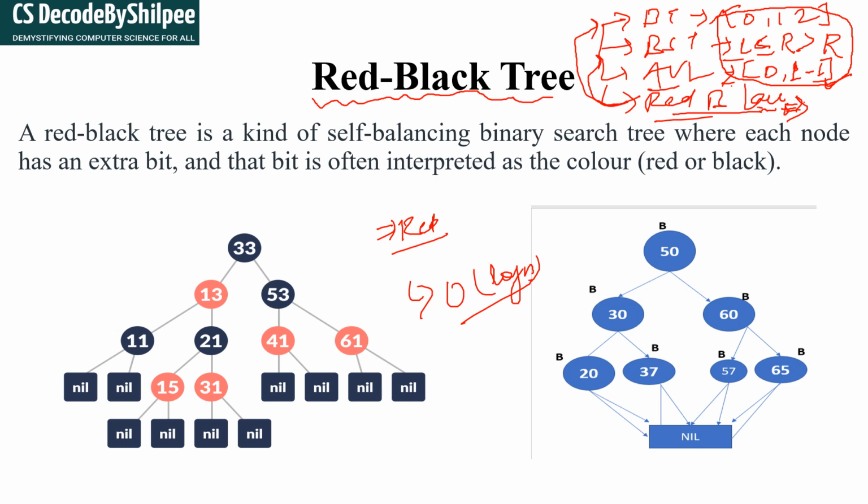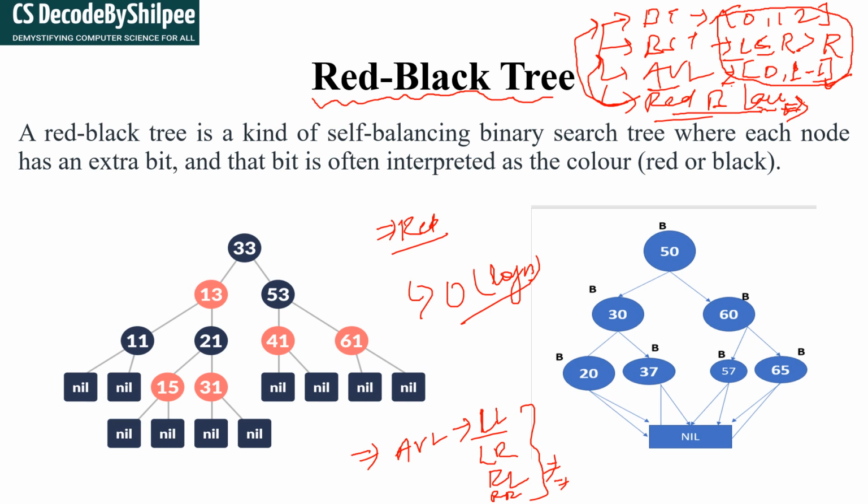The reason is that an AVL tree has so many rotations: LL rotation, LR rotation, RL rotation, RR rotation. So you perform many rotations when you construct the AVL tree, or insert and delete nodes.